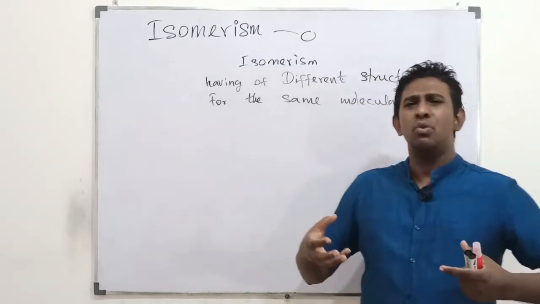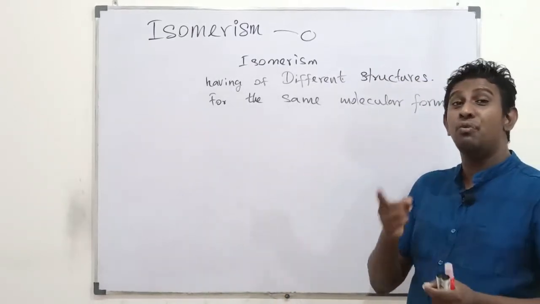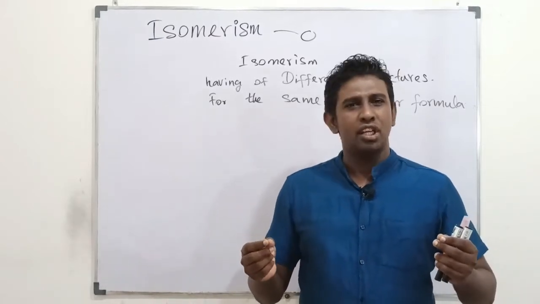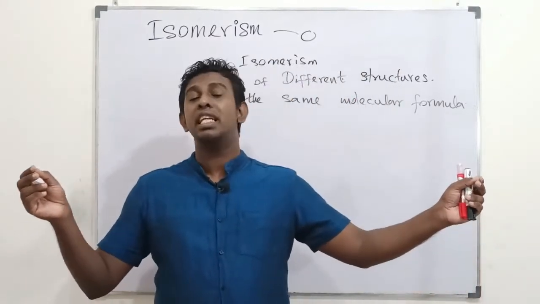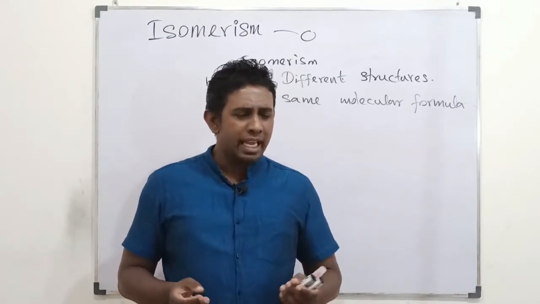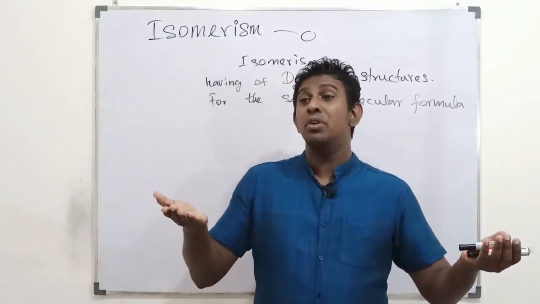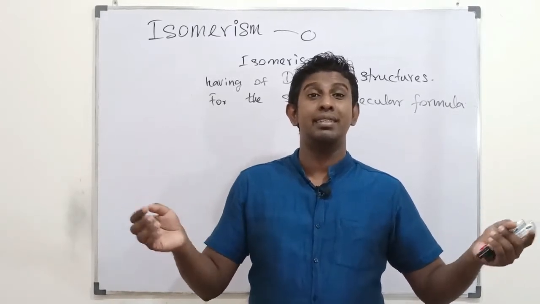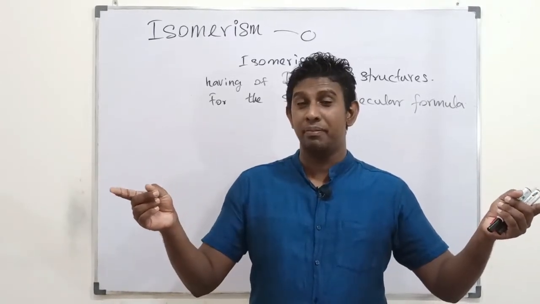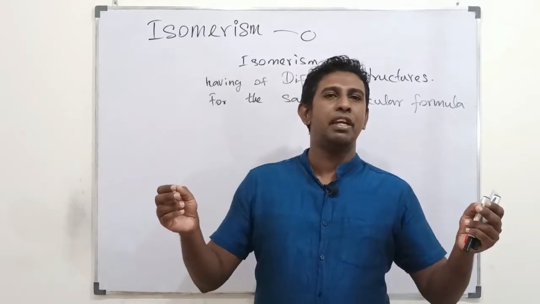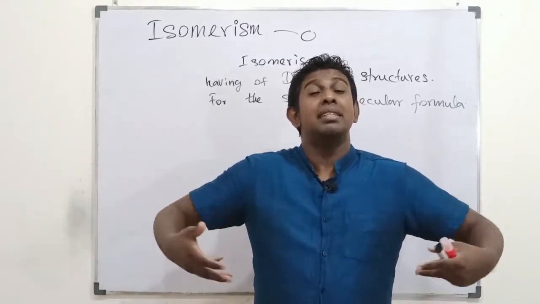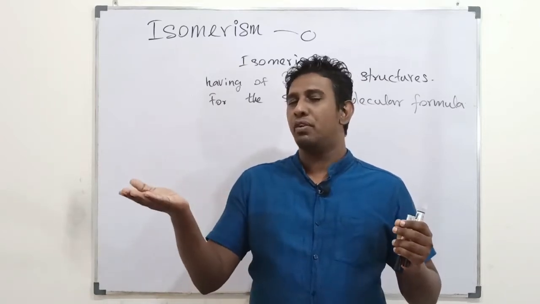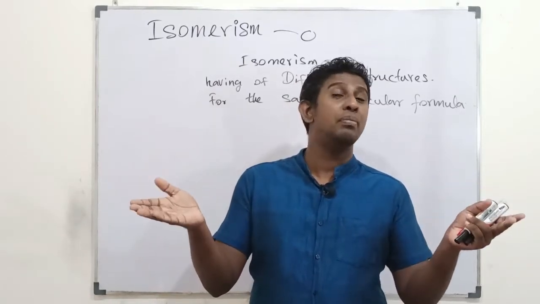When you have isomers, you could find them having different structural formulae. You could clearly draw two or a few different Lewis structures. So they are different even in their structural formulae.